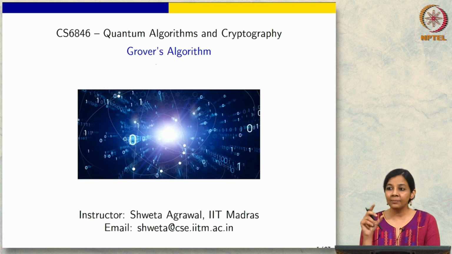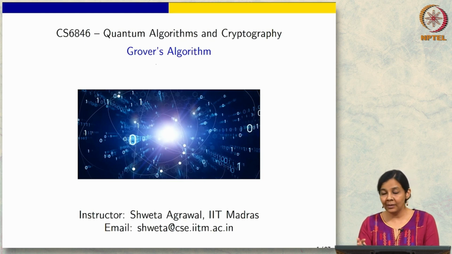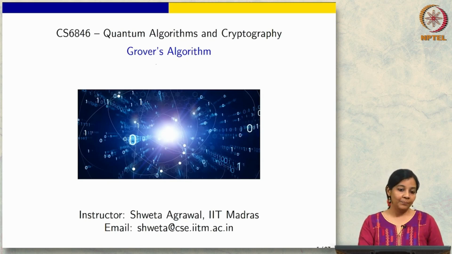So this means that the bit length should be doubled. This is one of the important implications that this algorithm has. And moreover, from a theoretical point of view, it's a very interesting algorithm. So we'll see it today and we'll see how it connects to the QFT that we were talking about yesterday.